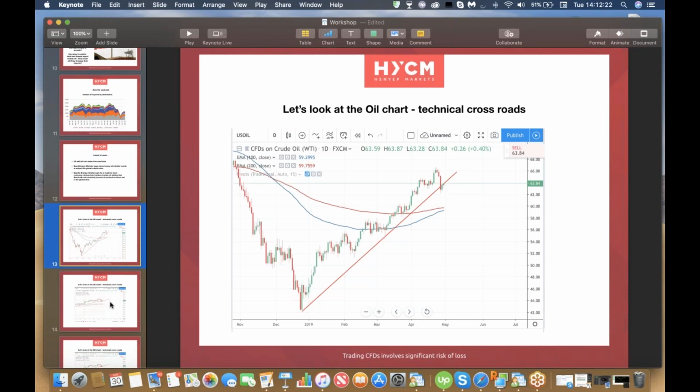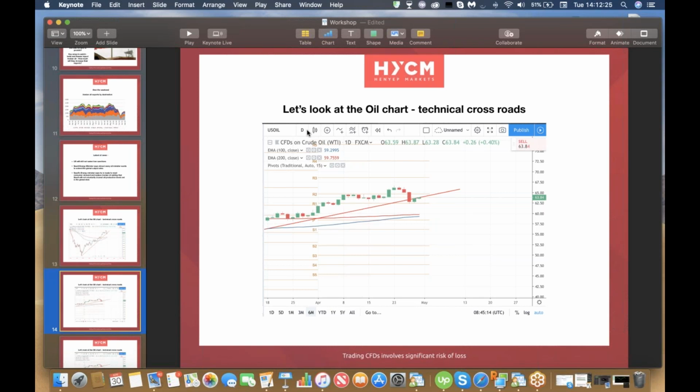So this now becomes the key line in the sand, this area here. If you drill down on the daily chart, you can see that price fell down to this level. That was a key area of support on the oil chart because we got the bullish news out of Iran, so we know there are going to be bids on the oil chart.